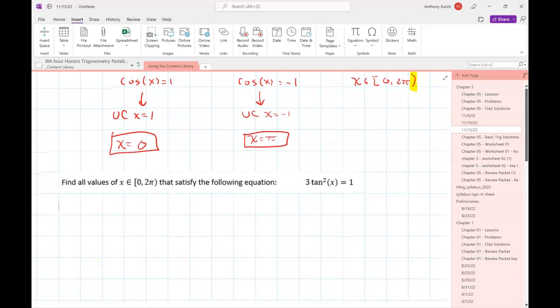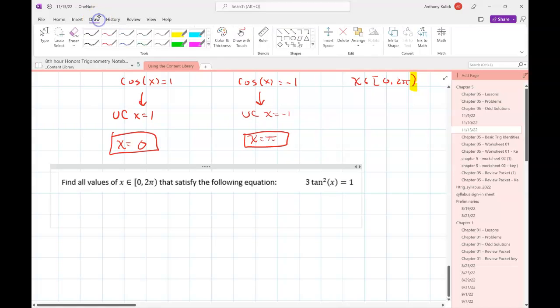Okay. What if we have something that looks like this? What do you want to do first here? Divide by 3, yeah.